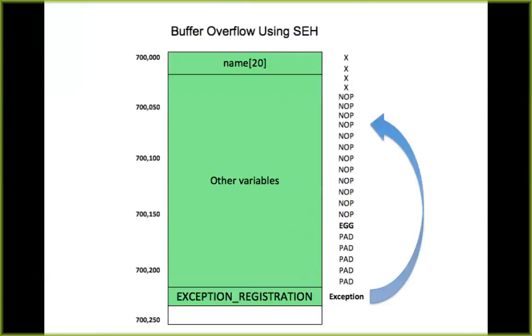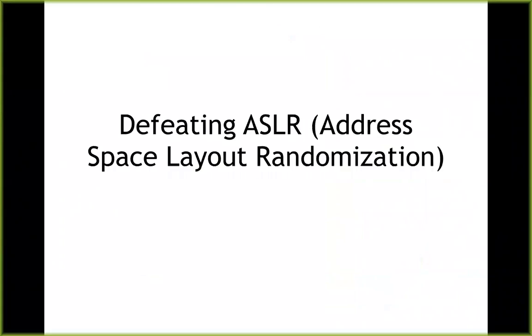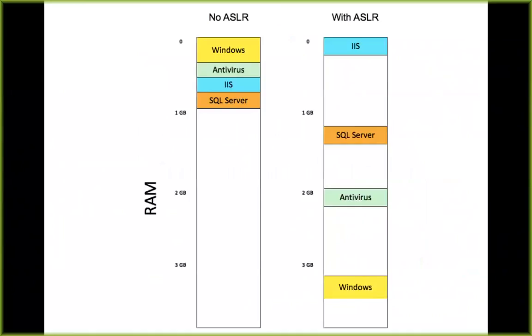It's not that different than what we did before when we targeted the global offset table, which is the return to libc. So if you want to defeat address space layout randomization, then you've got this situation where every process is randomly placed in memory, so you can still overflow something and you can still change the EIP, but you don't know what number to put there because you have no idea where you are in memory.